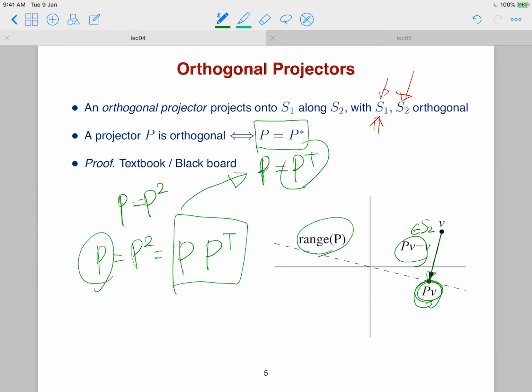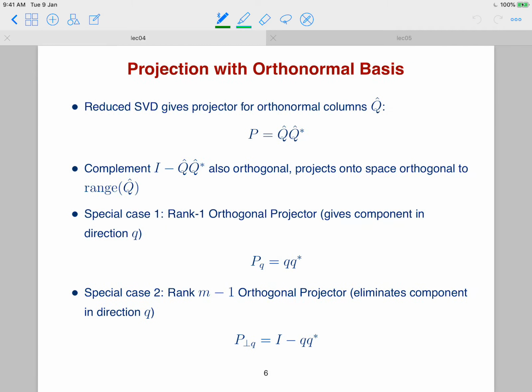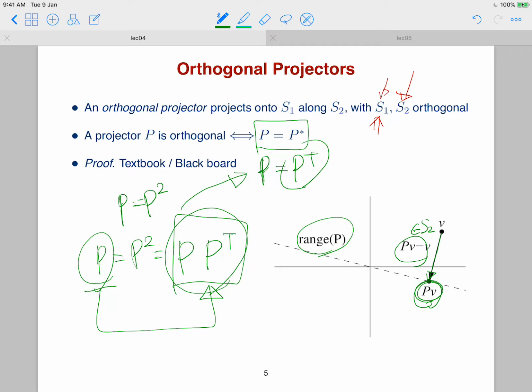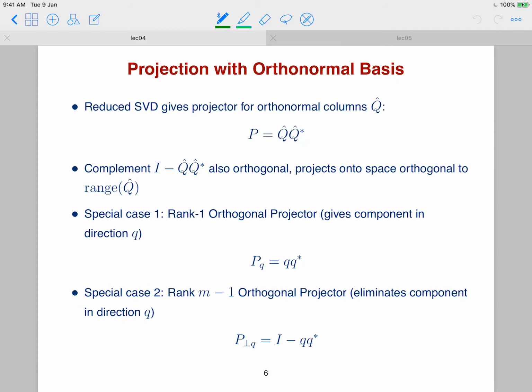So for an orthogonal projector P, it should always be represented in this form. We can represent this as the main form of the orthogonal projector, but in this case we don't need to have a square matrix in the place of Q in this representation.